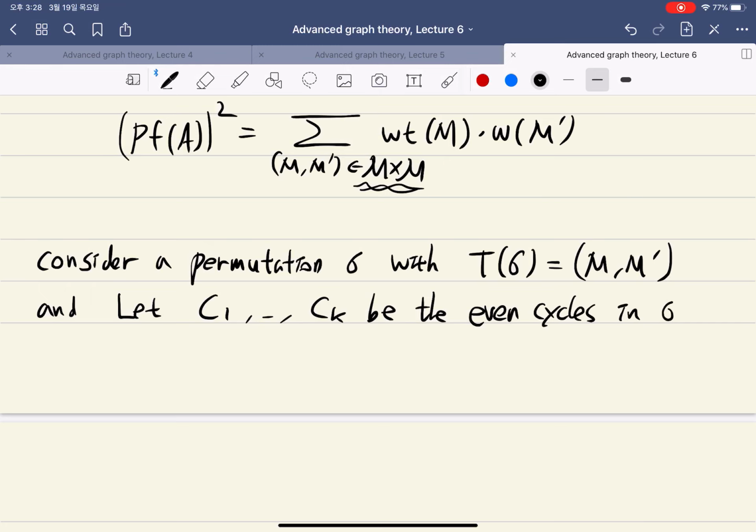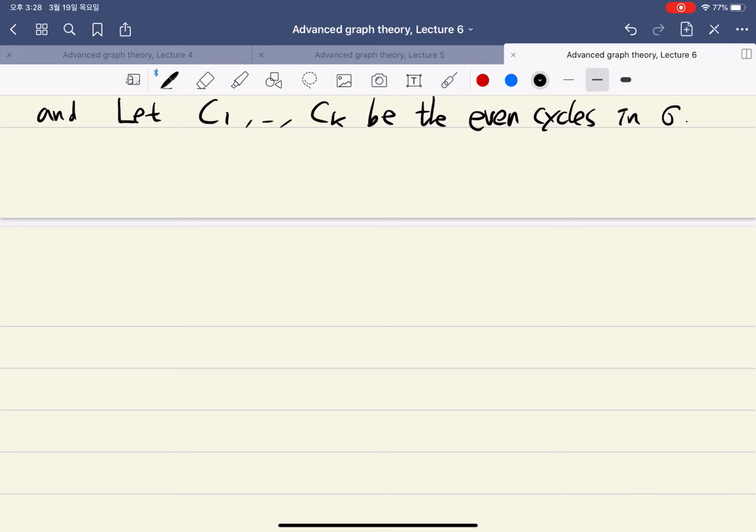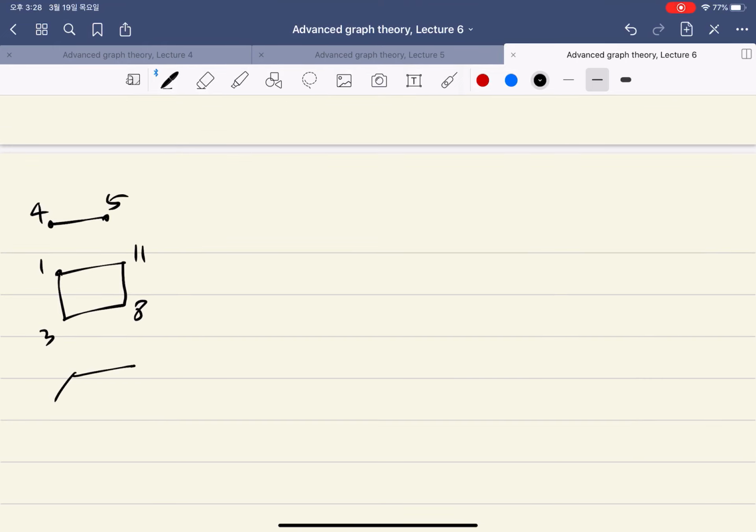So these are cycles in the permutation. So let's say we have 4, 5, 1, 11, 8, 3, and 2, say 6, 7, 10, 9, 12.